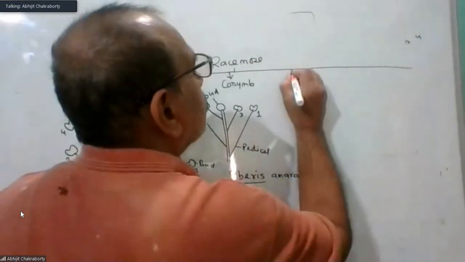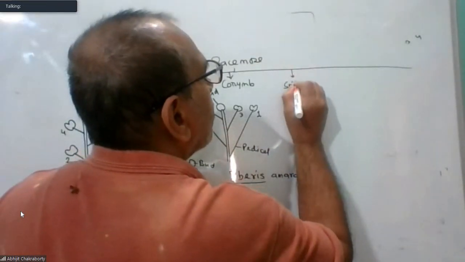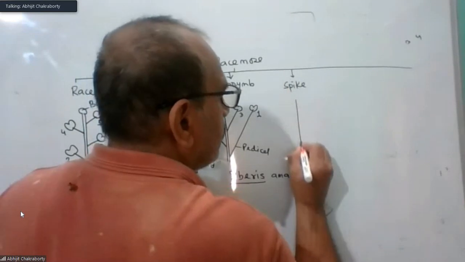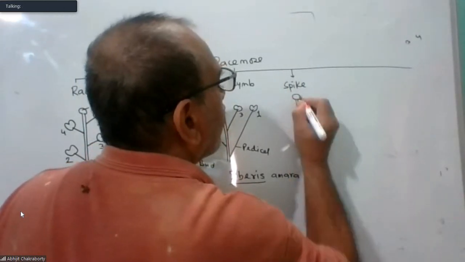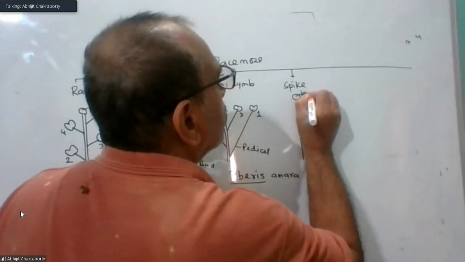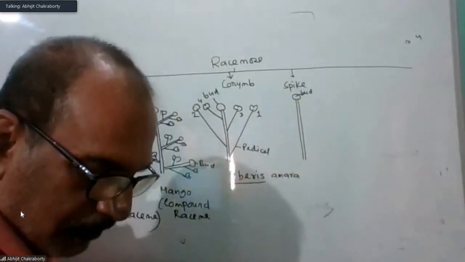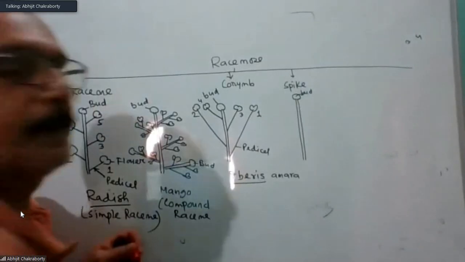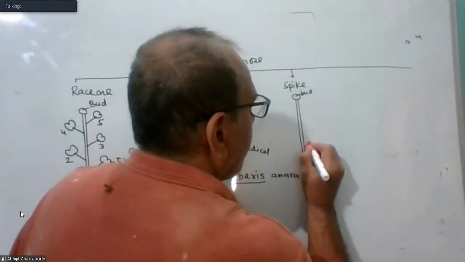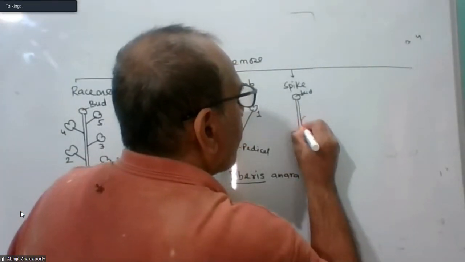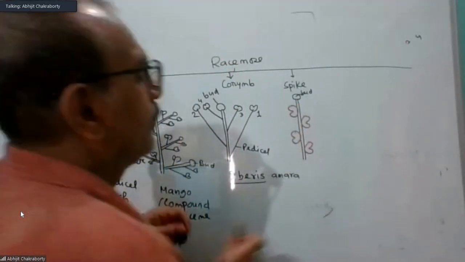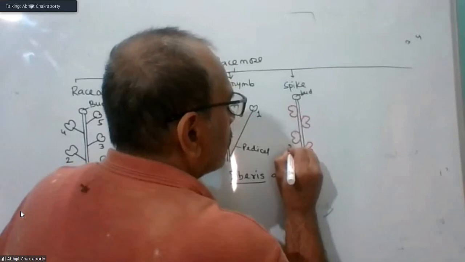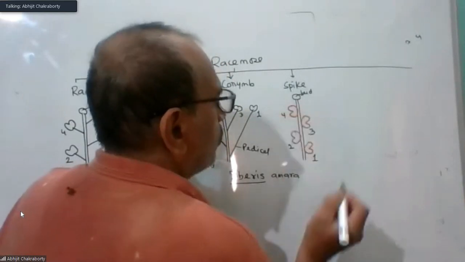then comes spike. Spike is very similar to raceme. Again the bud. Now what about the flowers? Look, first flower, second flower, third and fourth.